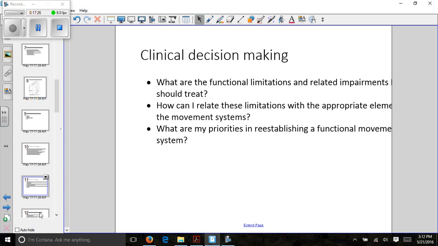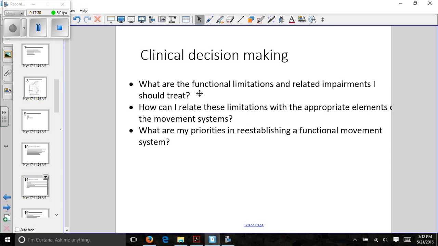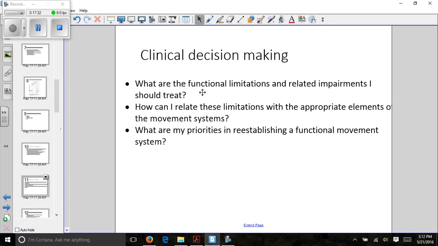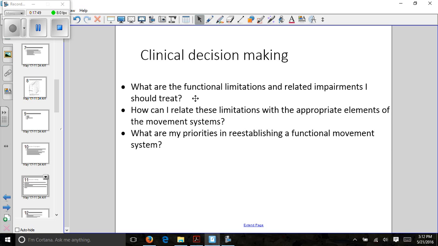We also have a lot of clinical decision-making going on. Which ones of the functional limitations and or related impairments are the ones that I should treat? Which ones should I treat first? Which ones are the most important? Might I be able to hit 2 for 1? How do I relate their limitations with the appropriate elements on the movement systems?